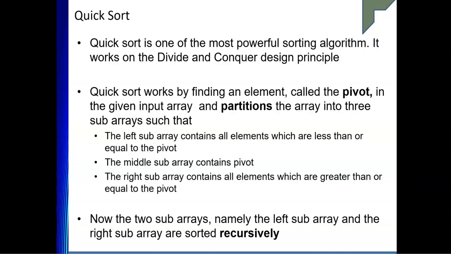If any number is equal to the pivot, you can put it on either the left or the right. The left will start from 0 up to the pivot itself, and elements more than the pivot will be on the right-hand side, with the pivot in the middle.